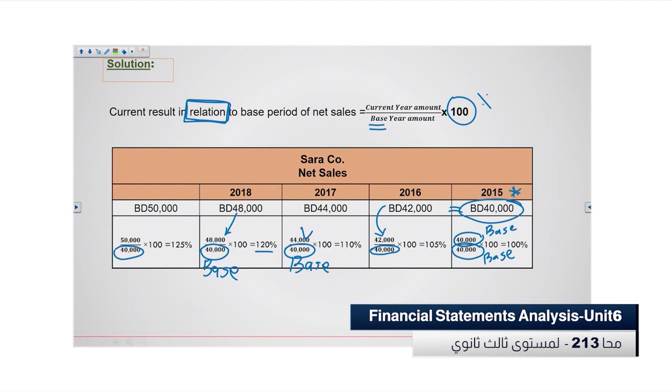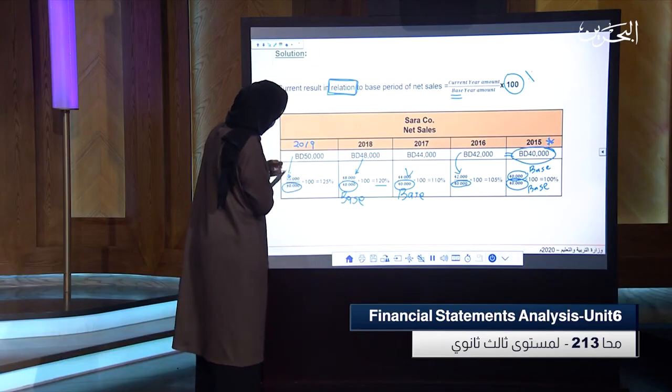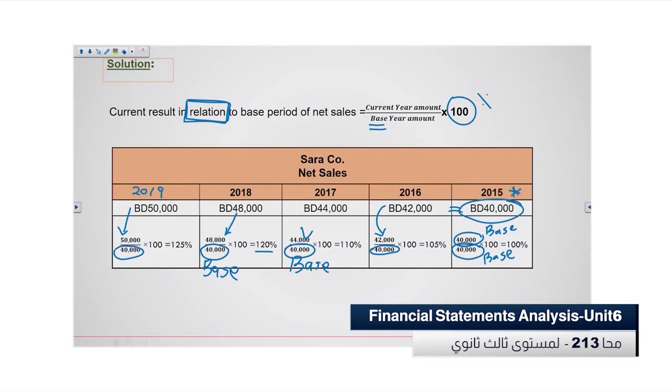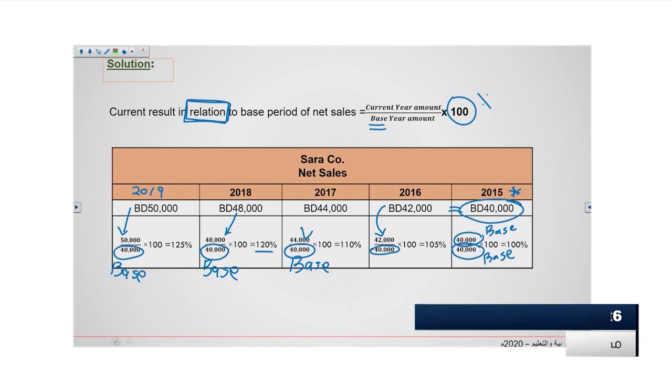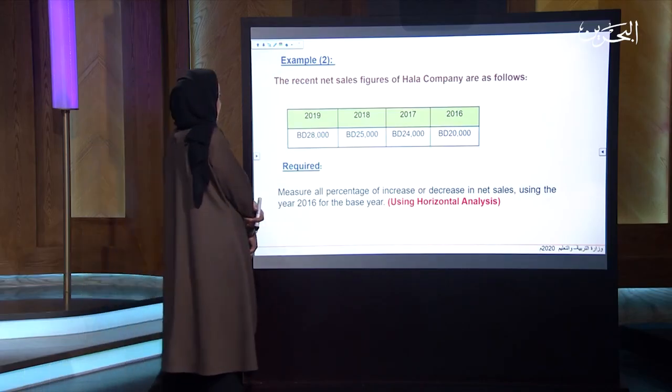And for 2019, the current year will be the same, only we will put the base year, multiply by 100 equals 125%.